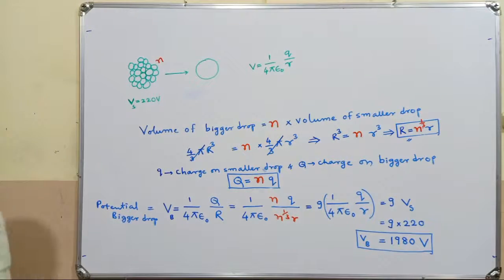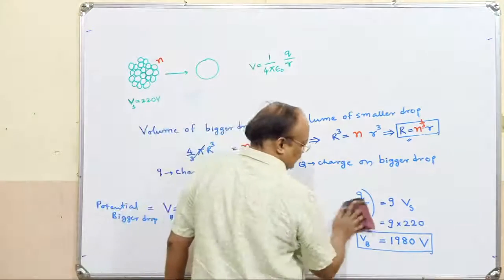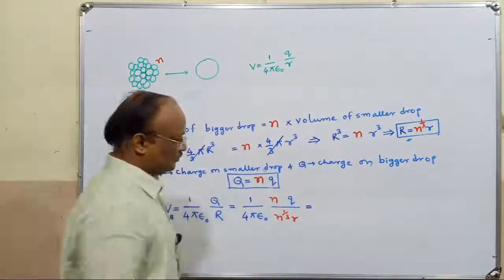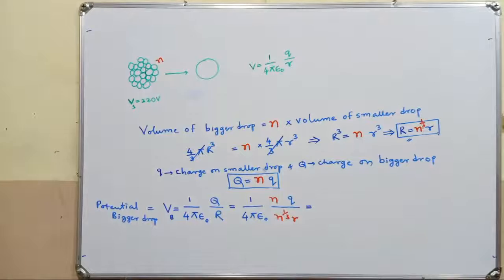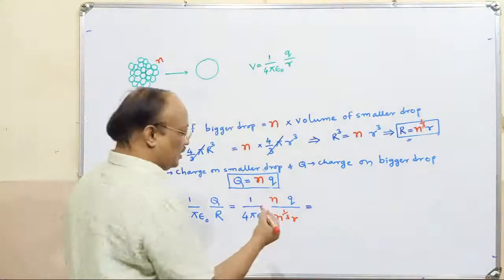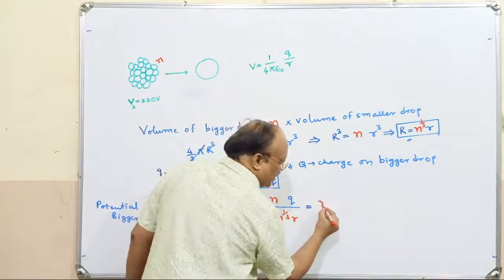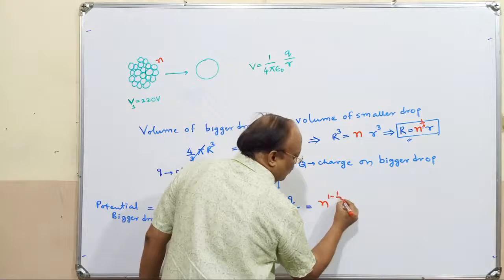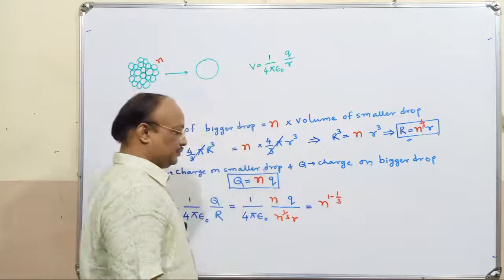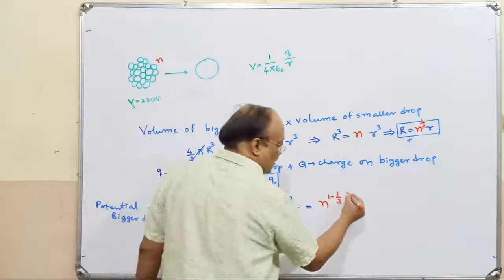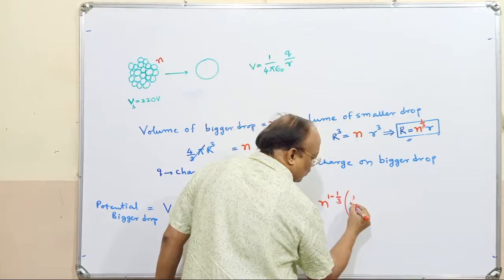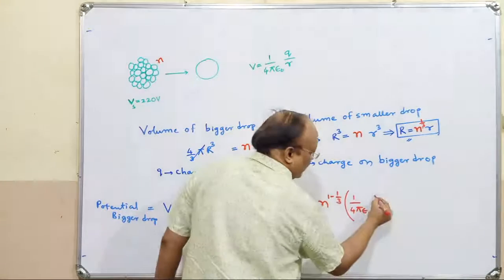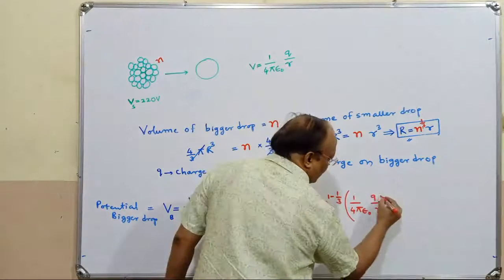So this becomes n to the power of 1 minus 1 by 3 times 1 by 4 pi epsilon naught, q by r.